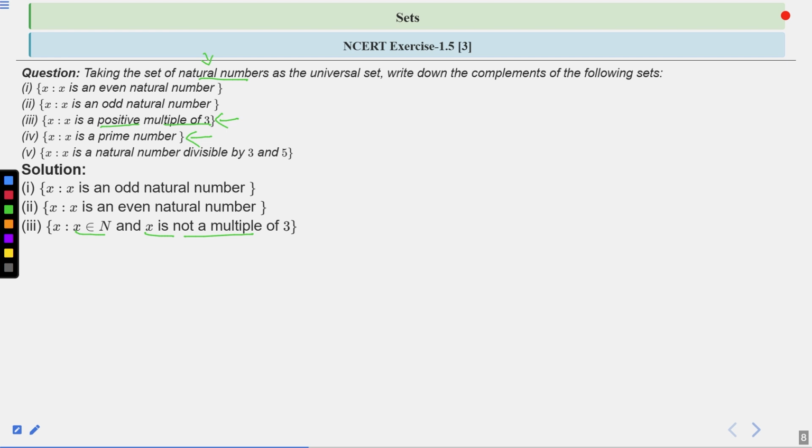Because what about the 1? Is 1 your composite number? By definition. So do not forget to include the natural number 1. You have to explicitly mention in your set builder form that we are including 1 here.